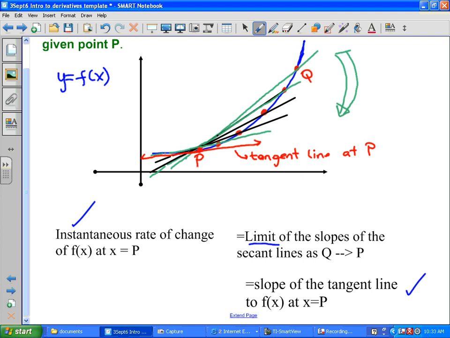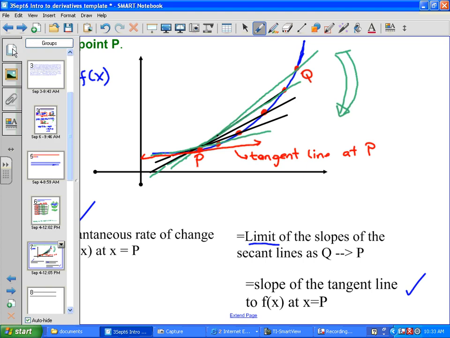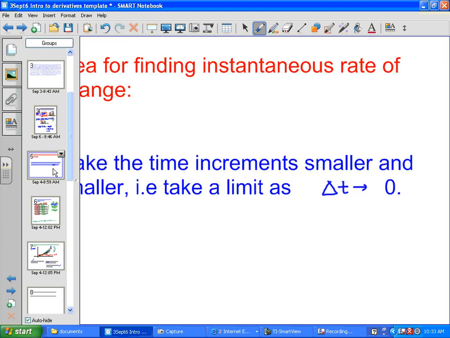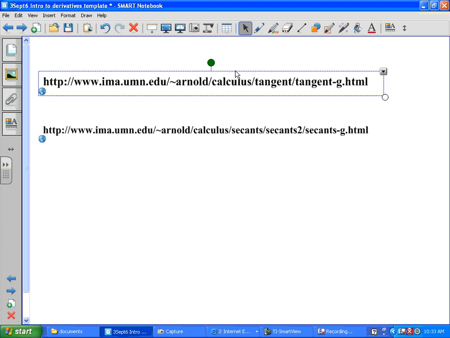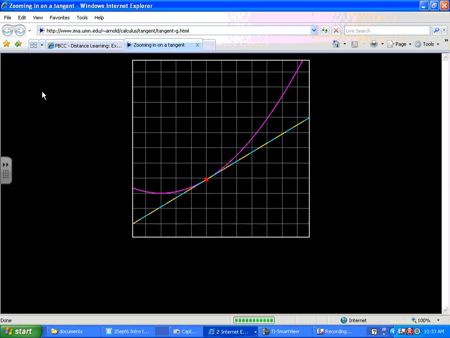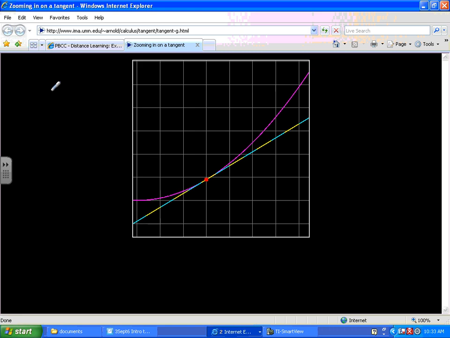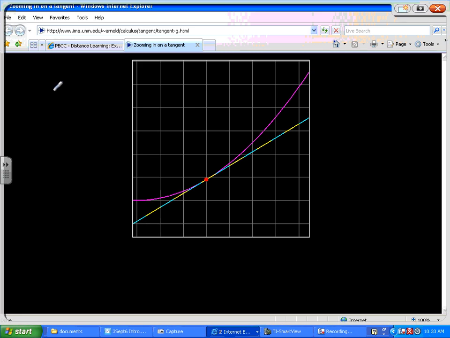Now, there are a few nice little graphs I found online. I want to show you those. Let's see if I can quickly activate them. Okay, this one is showing the tangent line. As you zoom in further and further, if you were able to zoom in further, the tangent line will become the same as the curve there.